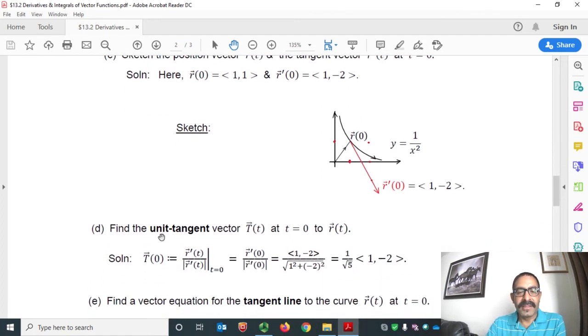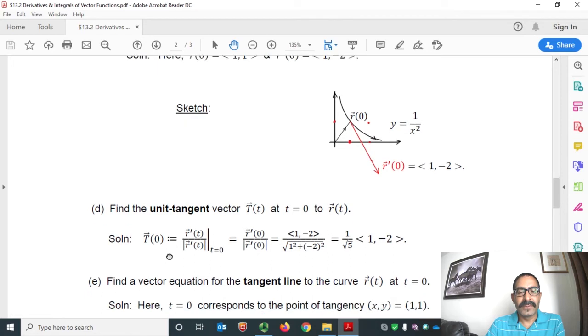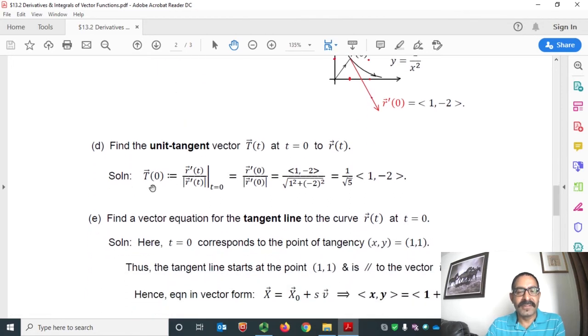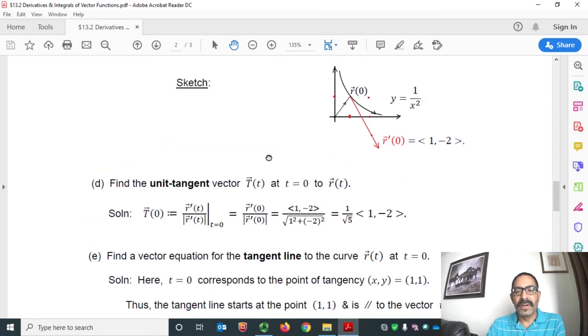Part D, find the unit tangent vector at 0. So apply the formula. The formula for the unit tangent vector is simply the derivative of r over the magnitude of r prime, evaluated at t equals 0. So r prime of 0 over the magnitude of r prime of 0.